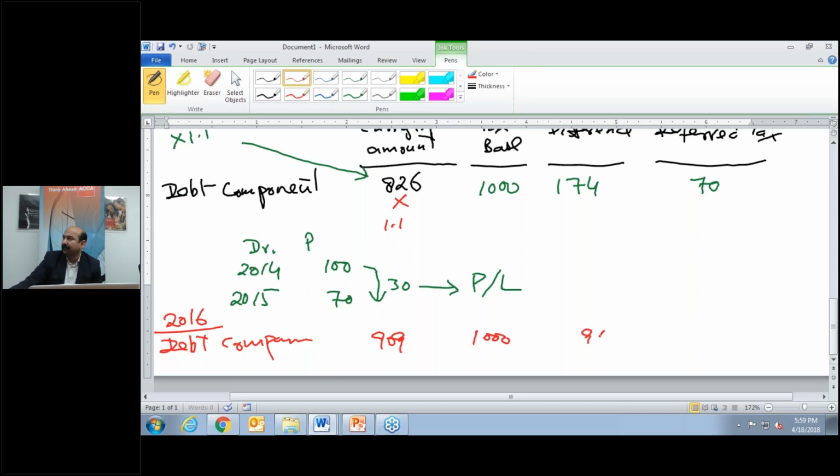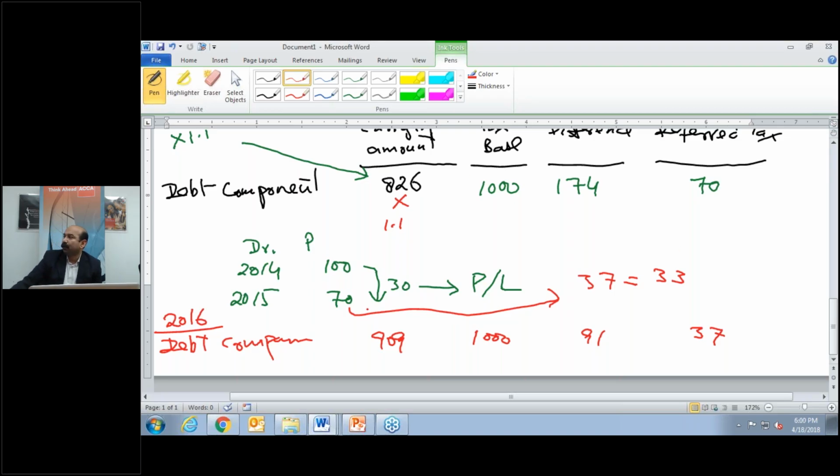Again, a difference of 91 will appear, and 37 is basically our deferred tax liability closing balance. Its opening balance was 70, so the difference between 37 and 70 is basically 33. This 33 will again be debited to the deferred tax liability and credited to the profit and loss account. This way you can account for the deferred taxation effect on your compound instrument.